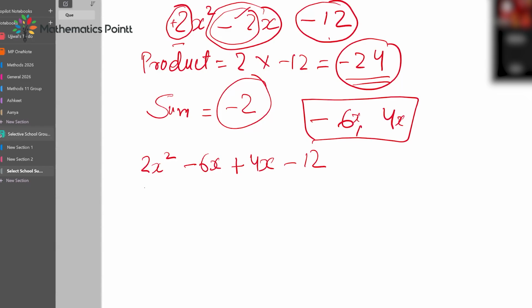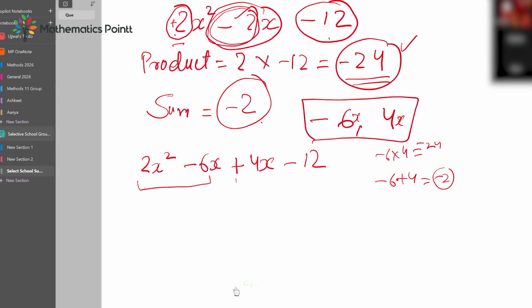So I found two numbers which when multiplied together gave me negative 24, and when added, they gave me negative 2. So negative 6 plus 4 gave me negative 2. When multiplied, they gave me negative 24.